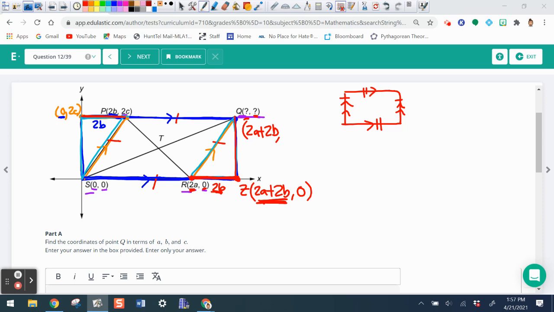Because it's parallel to this side here, it's going to have the same y value as all the other points on this line. It's a straight line. So the y value here was 2c, the y value here is 2c, therefore the y value here will be 2c. So the coordinate for point Q in terms of a, b, and c is (2a plus 2b, 2c).